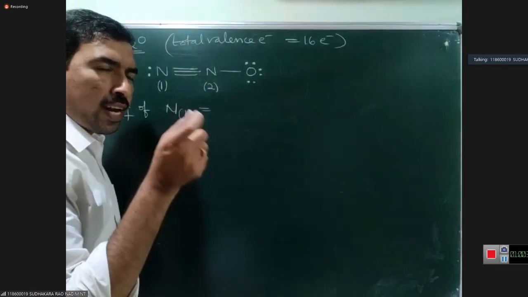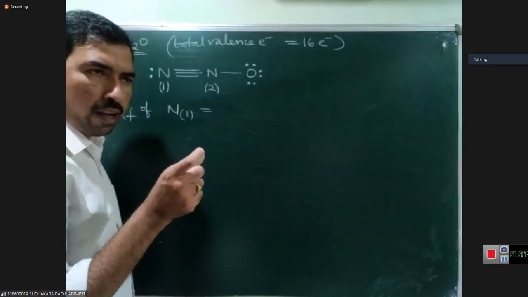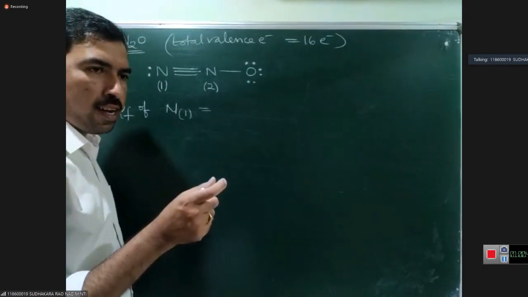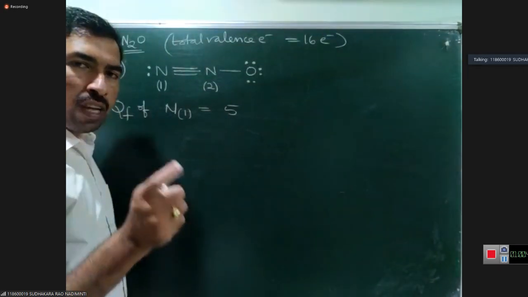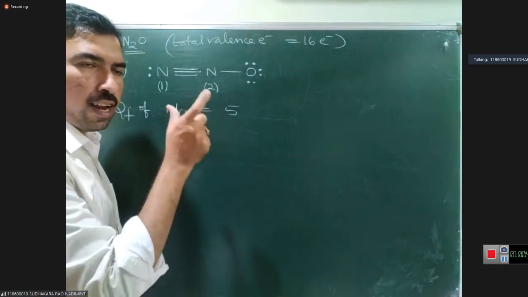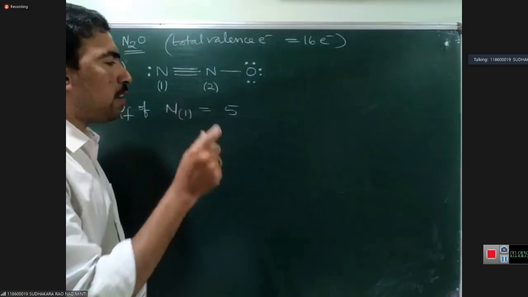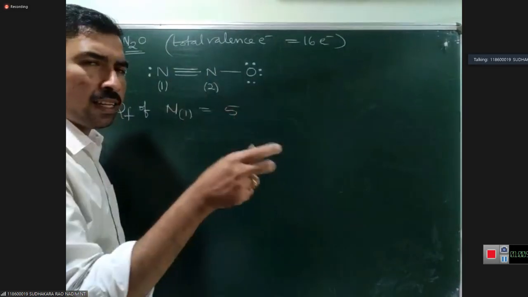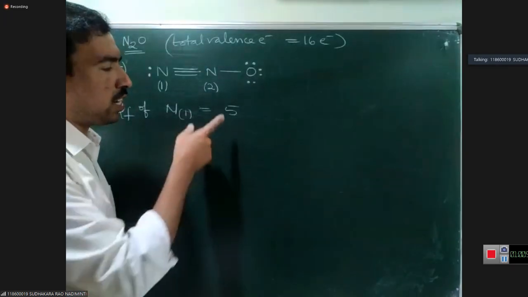When nitrogen is present separately, individually, in the free state, nitrogen valence electrons are 5. That is the first one: the number of valence electrons in the free state. When a nitrogen atom is not bonding with any others, freely present, it will contain 5 valence electrons. That is what we have to write: 5.